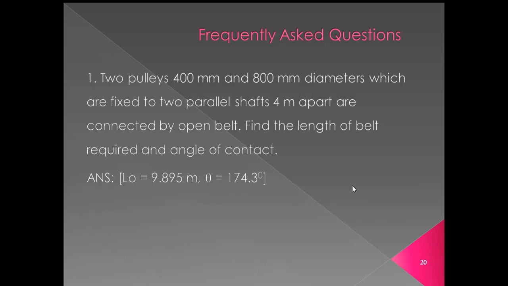Next question: two pulleys of 400 mm and 800 mm diameter, which are fixed to two parallel shafts 4 meters apart, are connected by an open belt drive. Find the length of belt required and the angle of contact. So here D1, D2 and the center distance between the two pulleys are given. For an open belt drive, L equals pi into (R1 plus R2) plus (R1 minus R2) whole square by D plus 2D, which is the equation to find the length of the open belt drive.